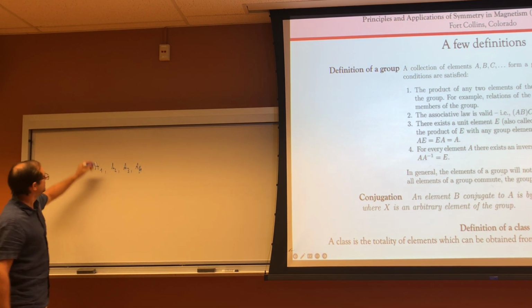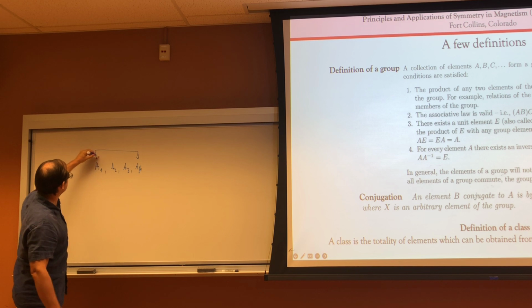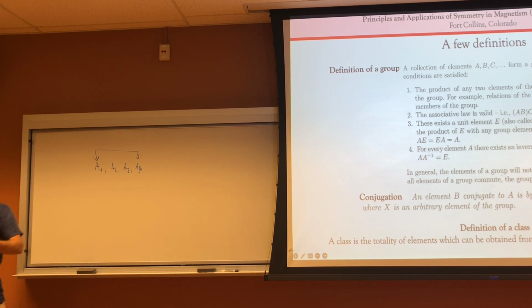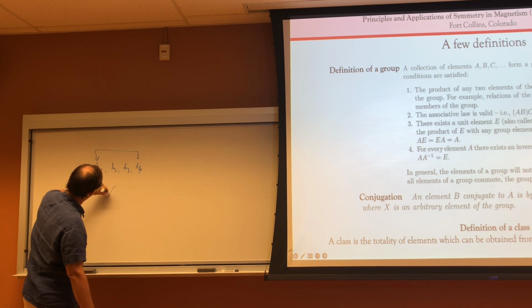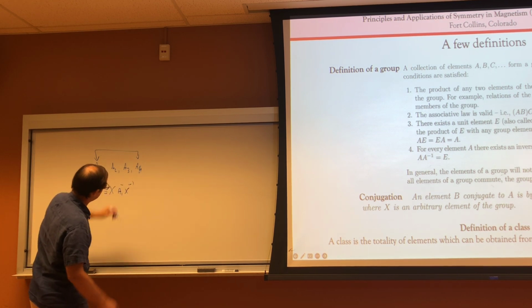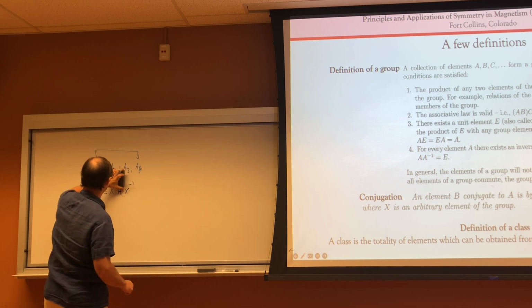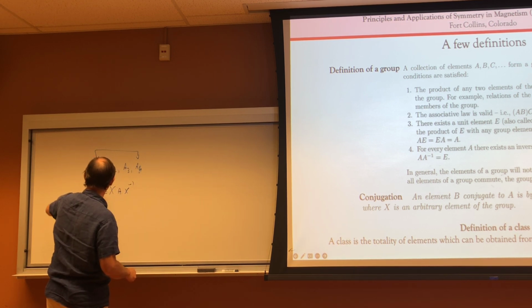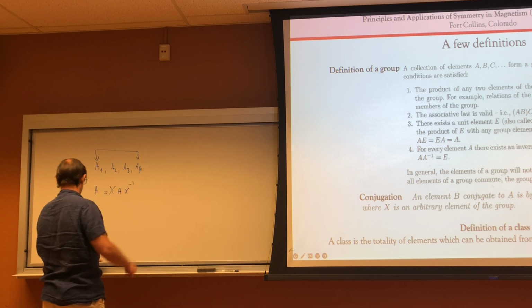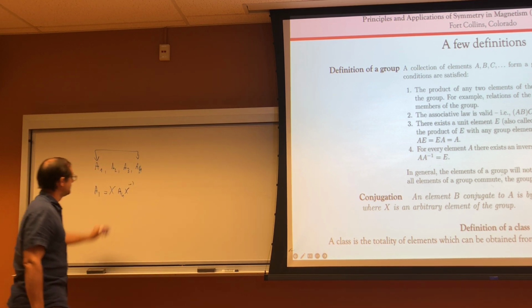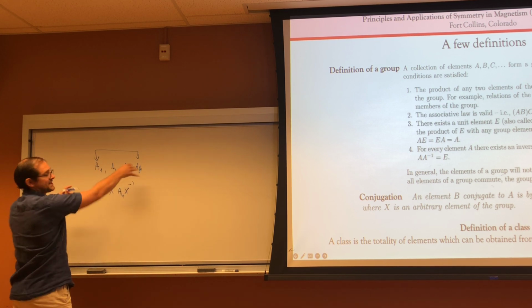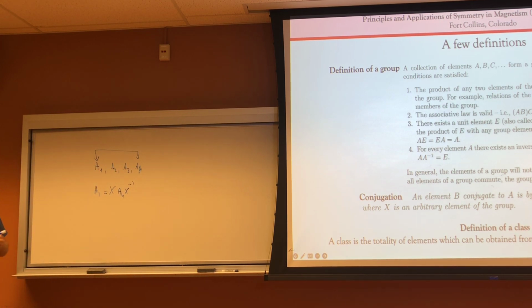And two symmetries of your group will be conjugate if you can find an element of the group such that you have this relation here, where x is one of these elements. It could be the same, it could be something else, it doesn't matter.